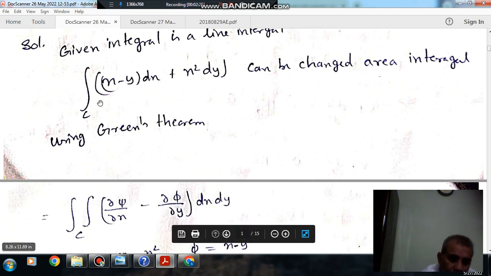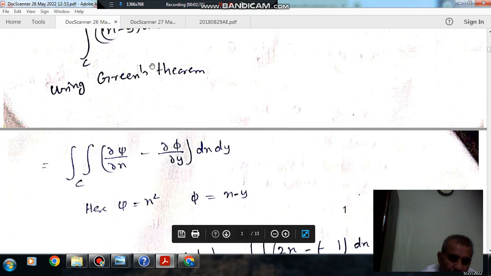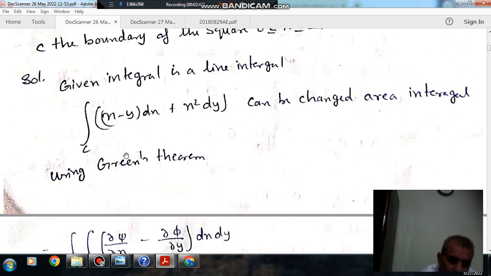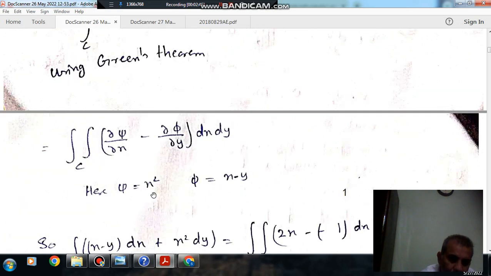Green's theorem says the line integral is equal to the double integral of (curly psi by curly x minus curly phi by curly y) dx dy. Here psi is the coefficient of dy, x square, and phi is x minus y.